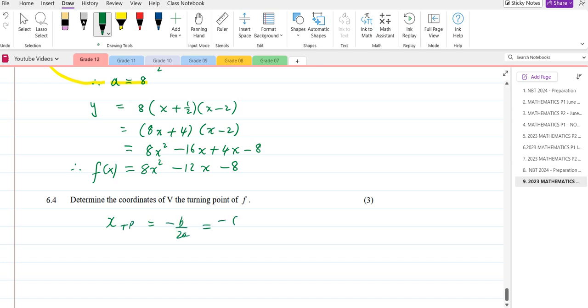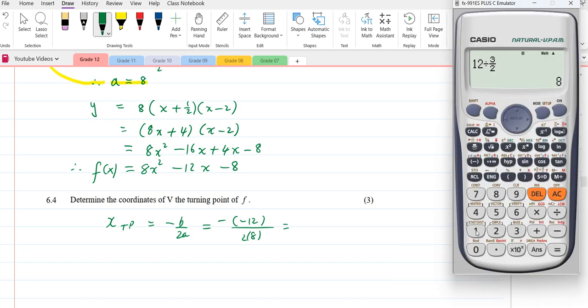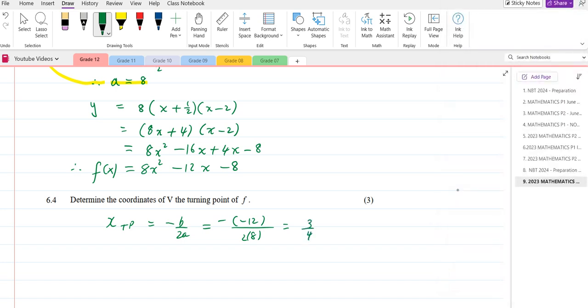Minus b is minus 12 over 2 times a, which is 8. Right, so I'm going to get 12 over 16. 12 divided by 16, I'm getting 3/4. So I've got 3/4 as my x value, and my y value of the turning point is taking 3/4 and substituting here. So 8 into 3/4 squared minus 12 into 3/4 minus 8.